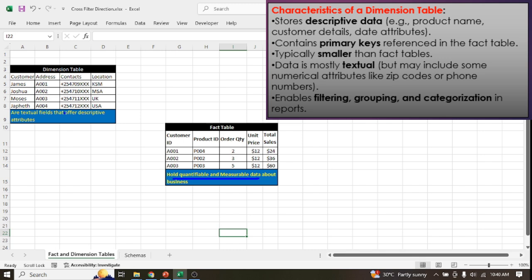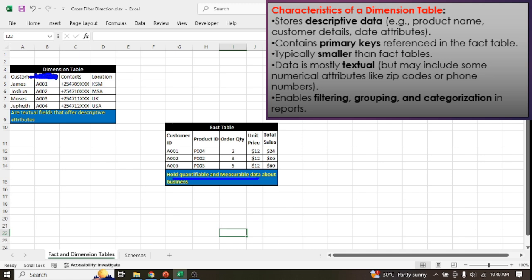Then again we are saying that dimension tables have primary keys which are referenced in fact tables. So when we want to link a dimension table with a fact table, let's again assume that this is a customer ID.